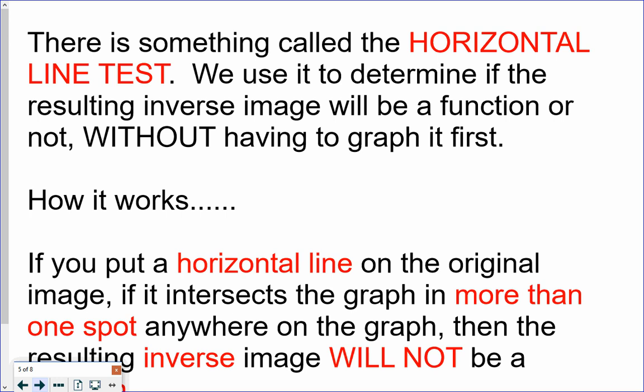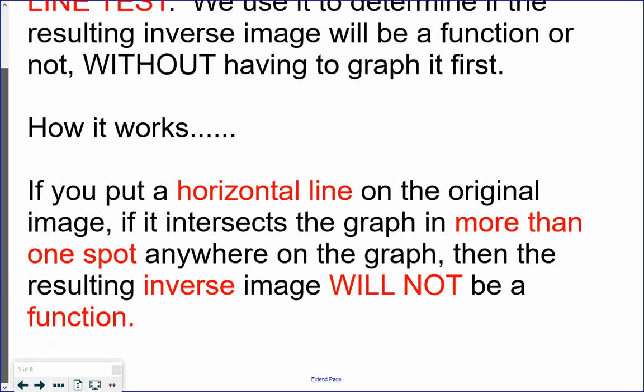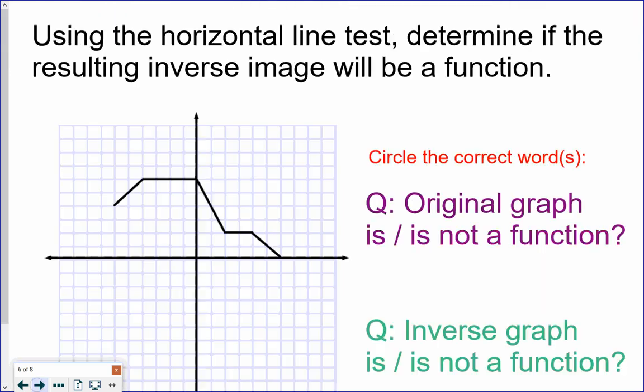Here's how this horizontal line thing works. If you put a horizontal line onto the original image, and it intersects that graph in more than one spot, anywhere on the graph, then the resulting inverse will not be a function. So let's put this to use.